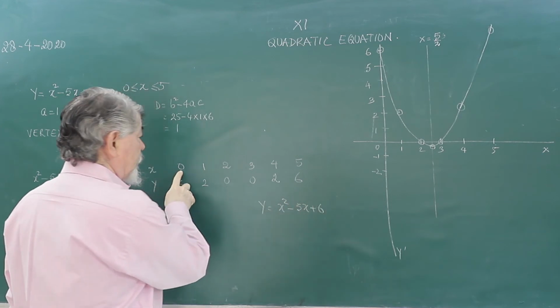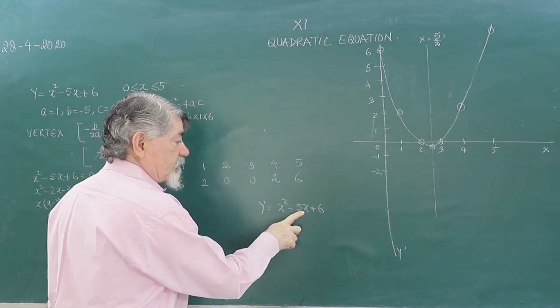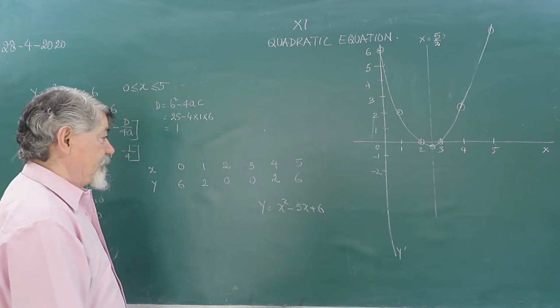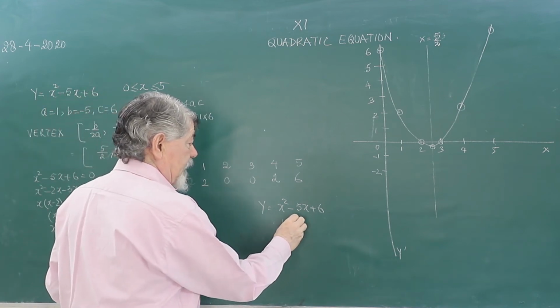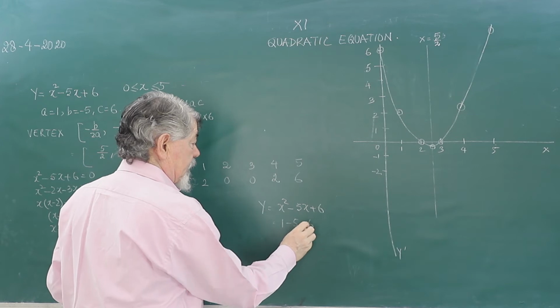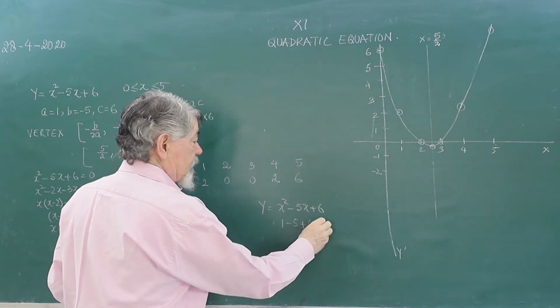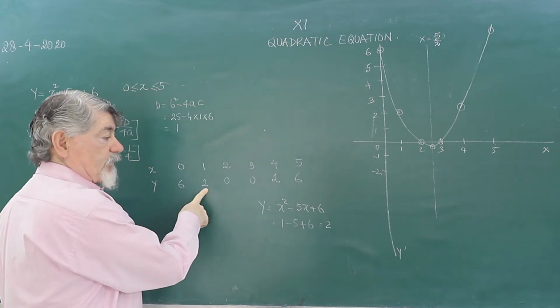If I put x is equal to 0, this will become 0, this will become 0, only 6 will remain. If I put x is equal to 1, 1 square is 1 minus 5 plus 6. 6 plus 1 is 7, 7 minus 5 is 2, so I got 2.